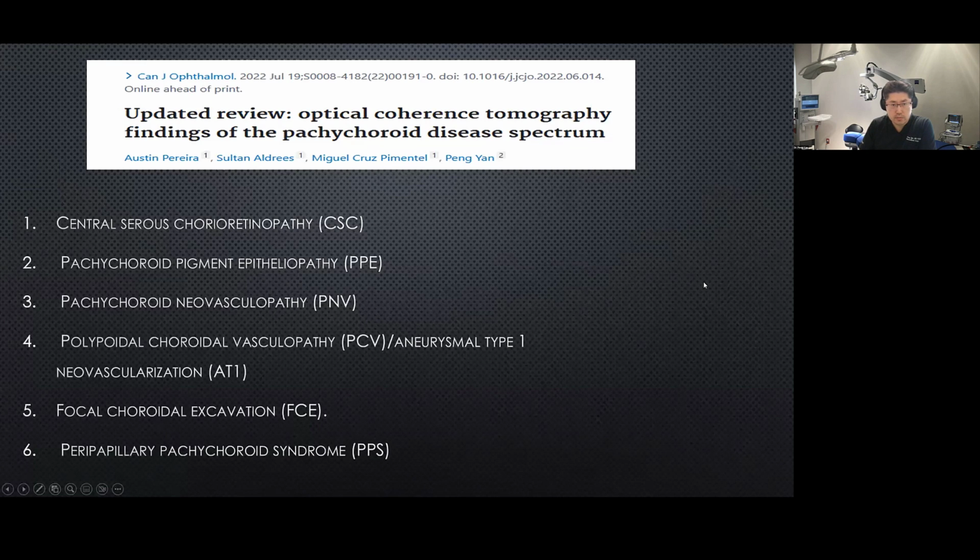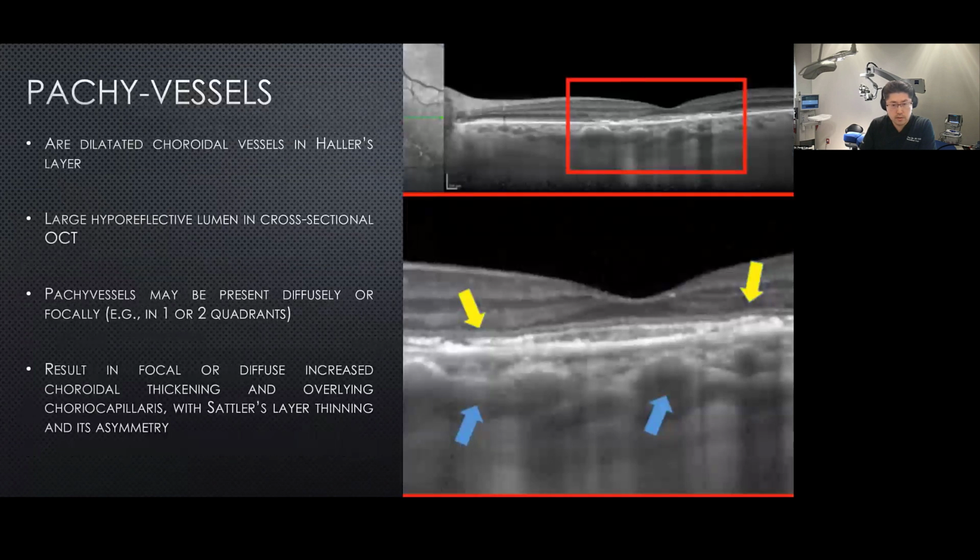And the thought process behind this is that your enlarged Haller vessels are compressing on the Sattler's and the choriocapillaris, leading to defective choriocapillaris vessels and resulting in RPE changes. And that leads to formation of small drusen, and then CSR, and then choroidal neovascularization, PCV, and so on.